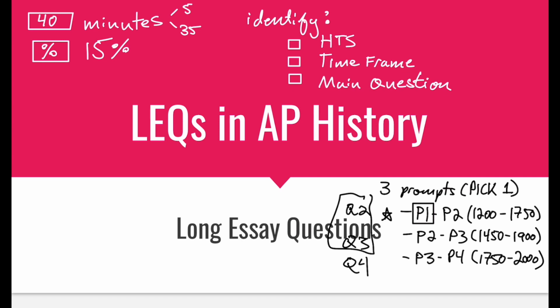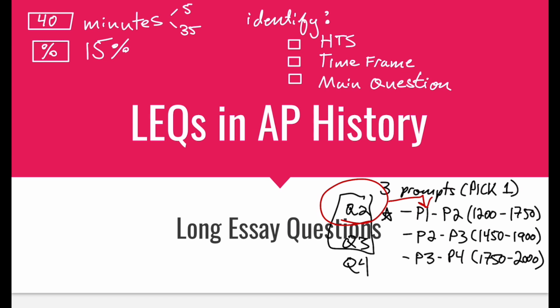Now, in terms of how you start brainstorming, okay, for your 5 minutes, the first thing that you should do is identify the question that you're going to answer. So if it's going to be question 2, in this case, something covering period 1 and 2, we would have to identify the historical thinking skill for that prompt.